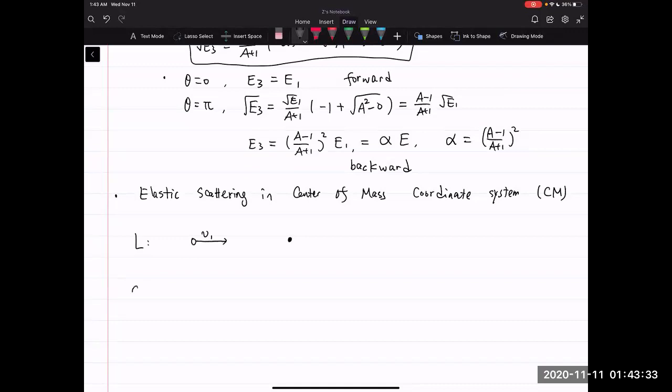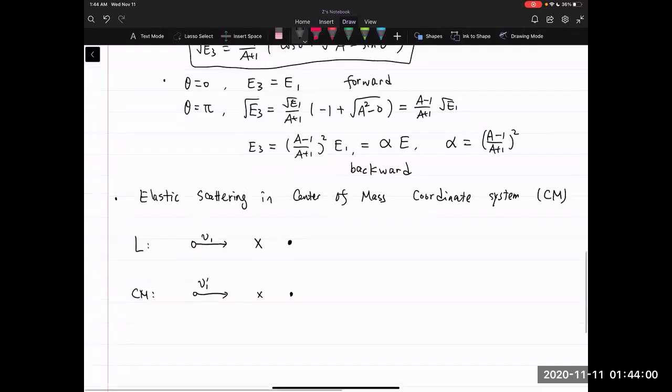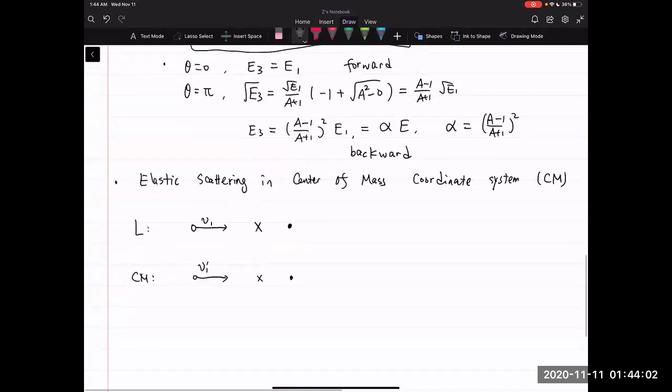In the center of mass coordinate system, what we see is particle 1 travels towards the center of mass, which I mark with a cross here, with the speed v1 prime. Then particle 2 in the center of mass coordinate is seen as moving towards the center of mass with v2 prime. So that's before the collision.